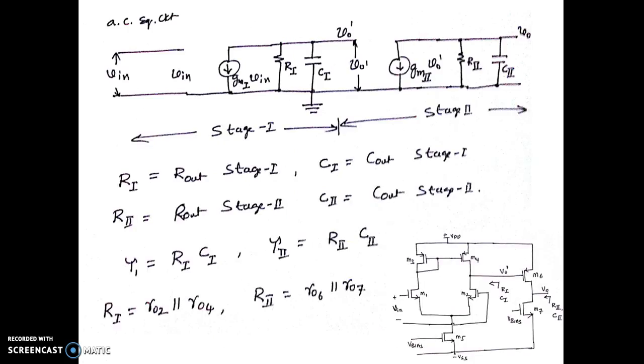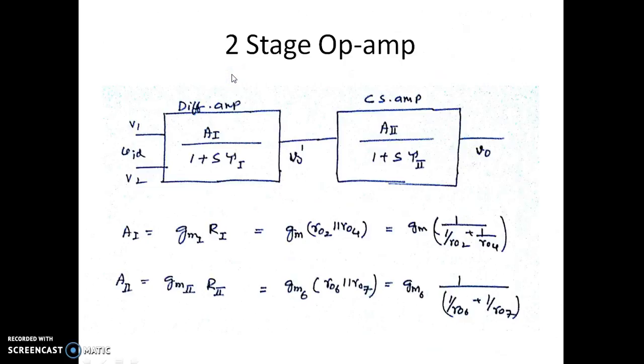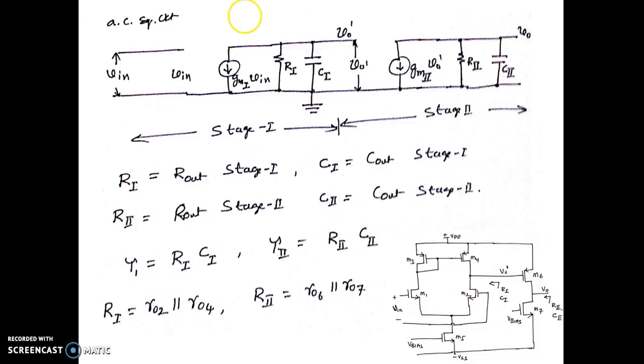So let us see the AC equivalent circuit of that two-stage amplifier. So we know that this is the representation of the transconductance of the differential amplifier, which is GM1 into V in, the current source representing the transconductance of differential amplifier, and we have the R1, the representation of R out of the first stage.